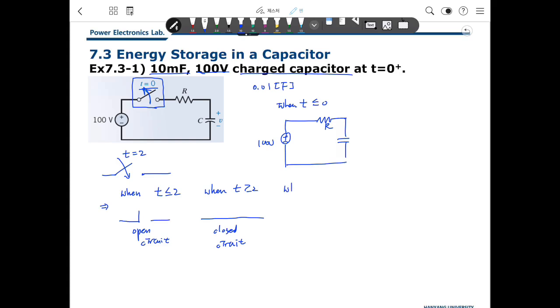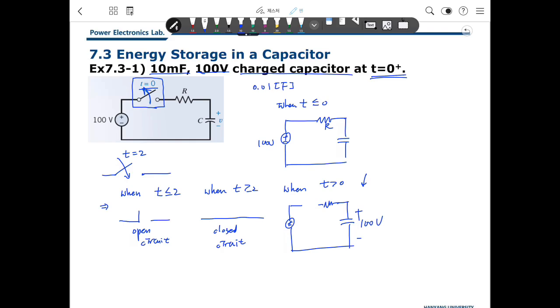And when T is larger than 0, this circuit is open, with the capacitor. The question is at time 0, that means an instant. Then there will be 100 volts. Then what is the energy stored here?